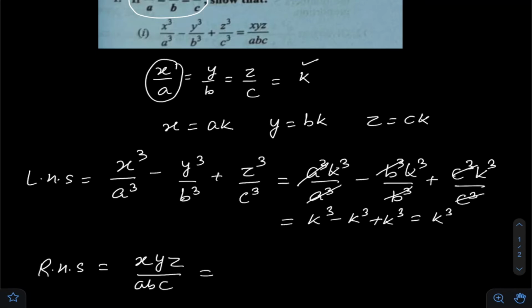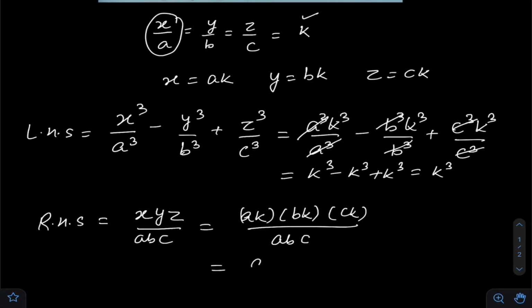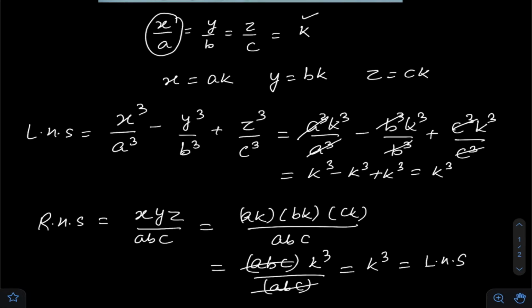What is x here? ak into bk into ck over abc, or you can write it like this: abc k cube over abc. So they are cancelled and we are getting k cube again, which is equal to LHS. So this question is proved.